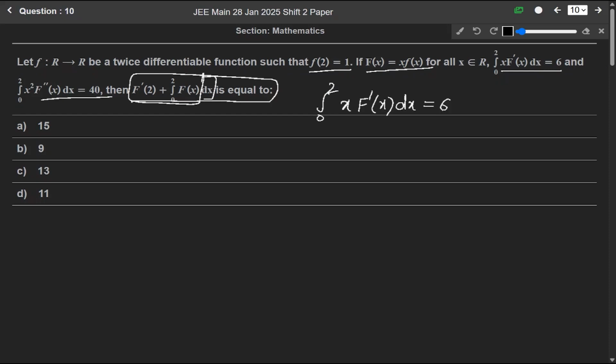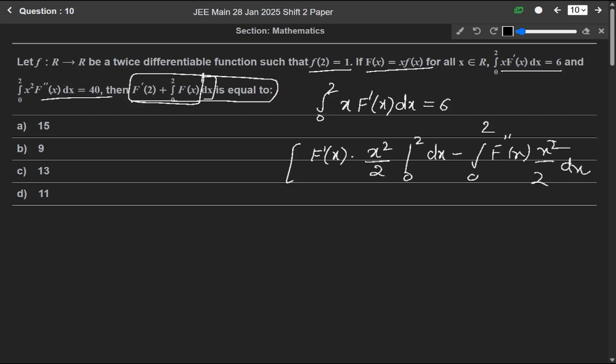So when we solve it, we integrate and get x square over 2 from limit 0 to 2, minus the integral from 0 to 2, integration by parts, of f''(x) into x square over 2 dx, and it is equal to 6.